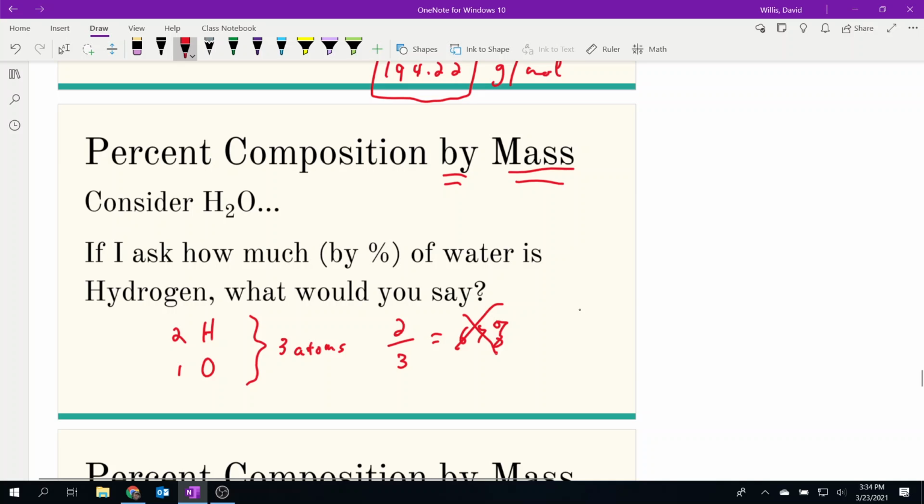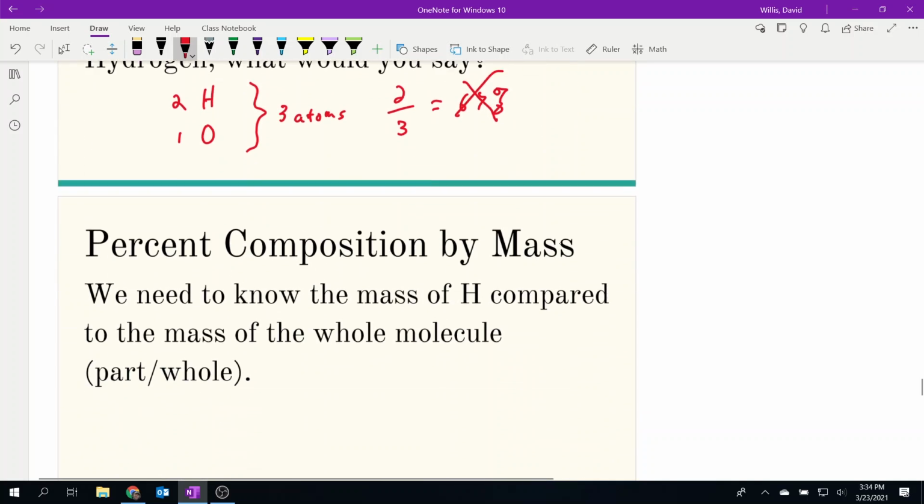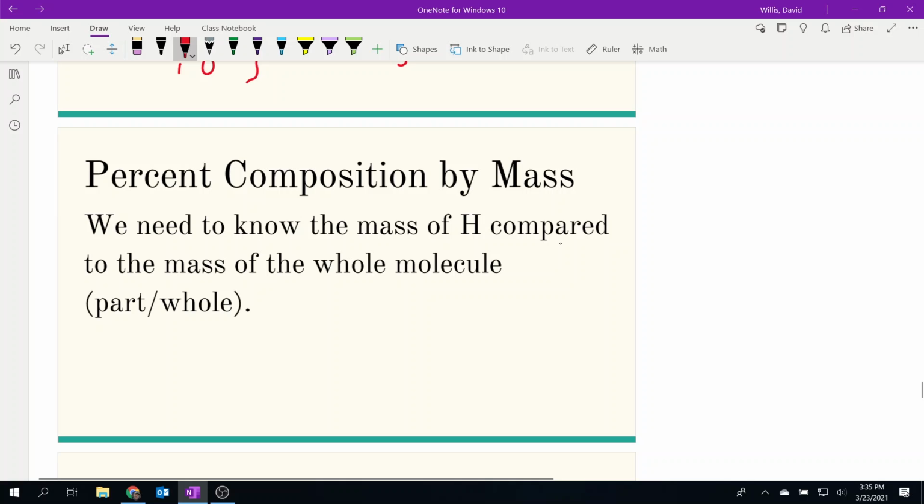Now here's what I want you to remember: all percents, any percent, anytime, anywhere, is a part compared to a whole. So the part of something divided by the whole of the amount. What we need to know is the mass of hydrogen compared to the mass of the whole molecule.